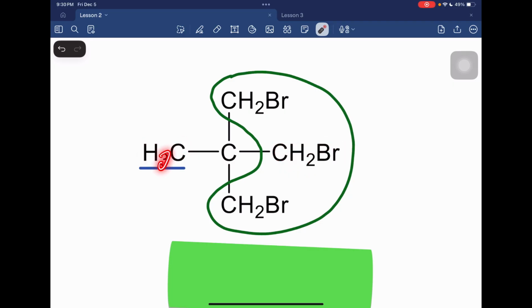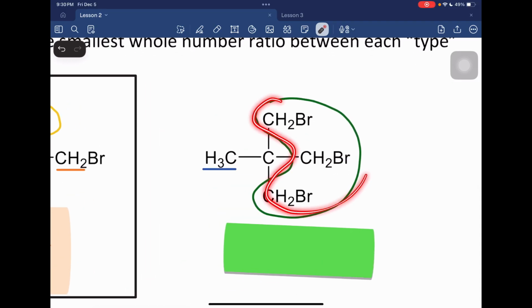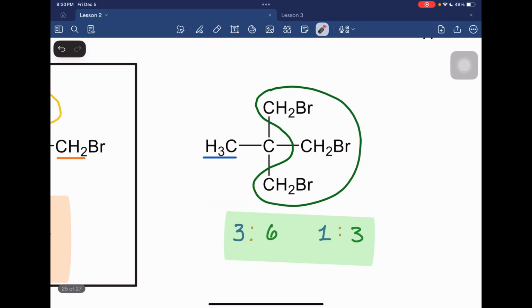Even if this was CH2, it would still be different because it doesn't have that bromine attached to it, okay? So we're counting this as one signal, and we're counting this as the second signal, meaning we get our answer for this one. Signal one is 6 because it's 2, 4, 6, and then the second signal is 3. So those are the protons, okay?